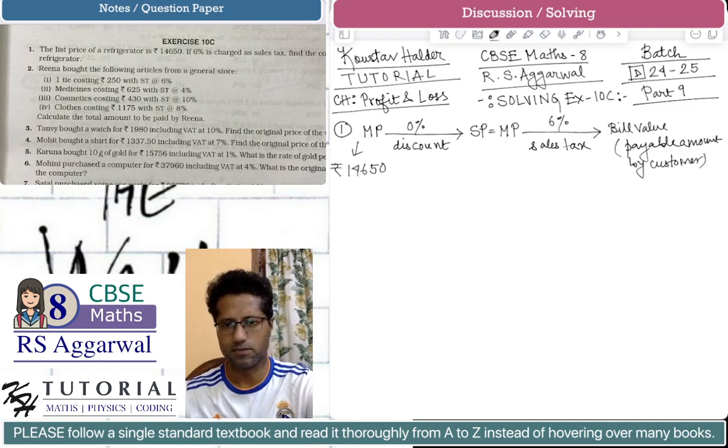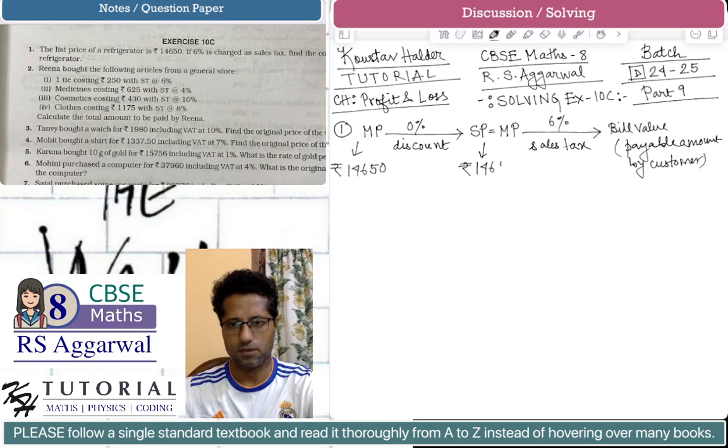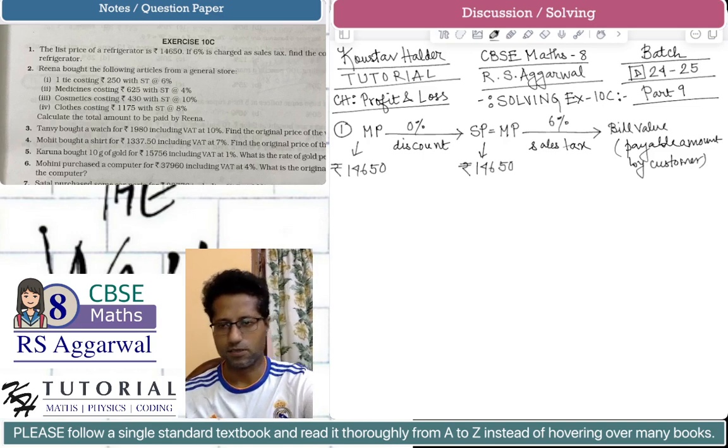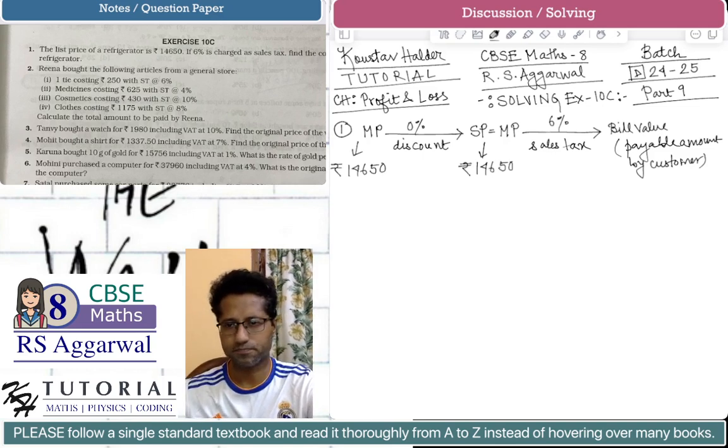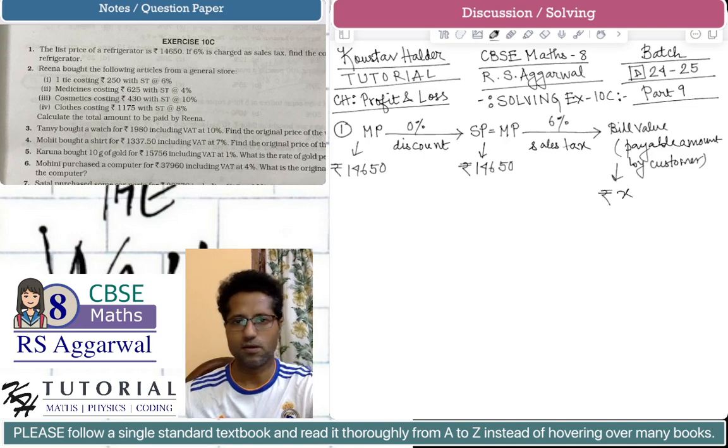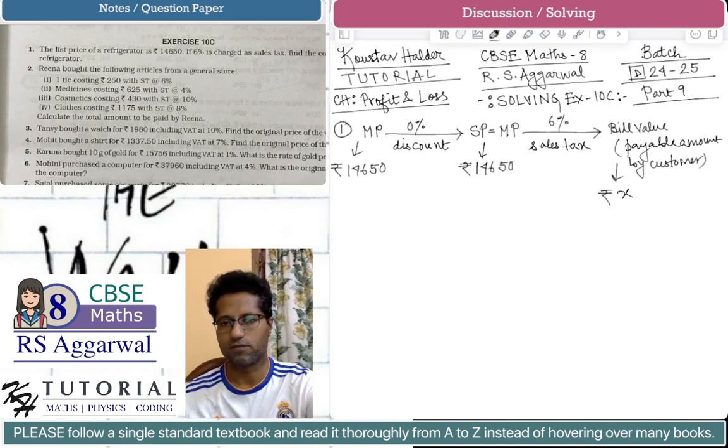So we have selling price is equal to the mark price. So the selling price will also be 14650, and then there is 6% sales tax. Let the bill value, that is the amount after paying the sales tax based on the selling price, that is the selling price plus the sales tax, be rupees X, which will be the cost of the refrigerator, and we have to find X.